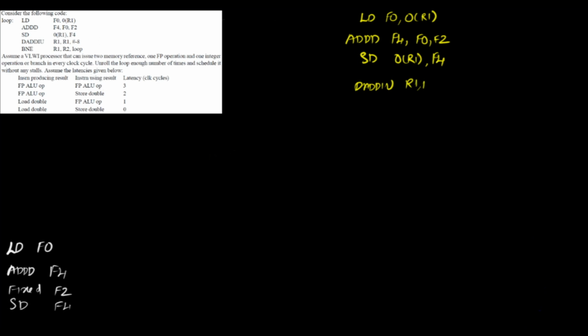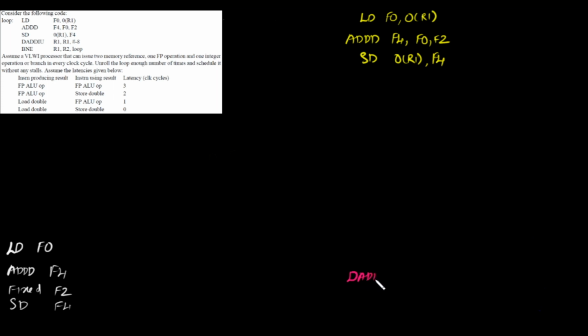Now, we cannot write the fix-up code. The DADDIU and BNE are the fix-up code, so we should not write them as part of the first iteration. So this is the loop fix-up code. We are not going to bother about it now; we are going to have it at the last. So we will put DADDIU here.